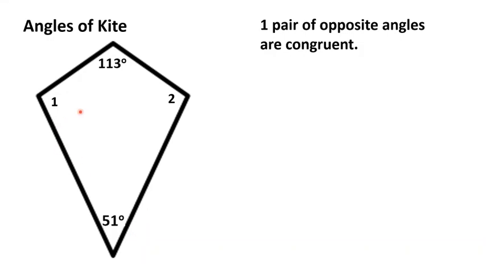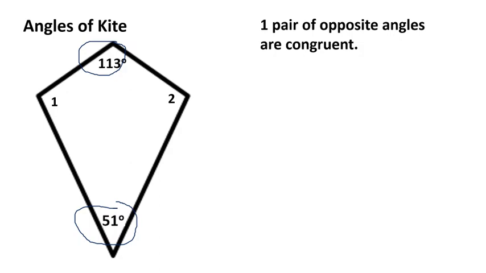The property that we can apply here is that one pair of opposite angles are congruent. That is a property of kite. This angle here and this angle here are a pair of opposite angles, and we can see that they are not congruent.